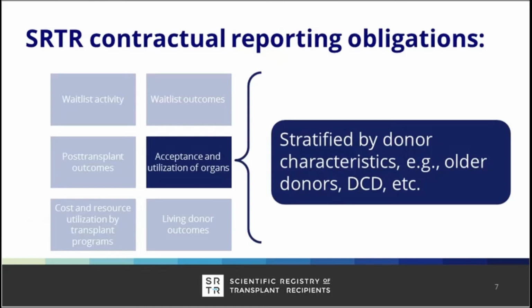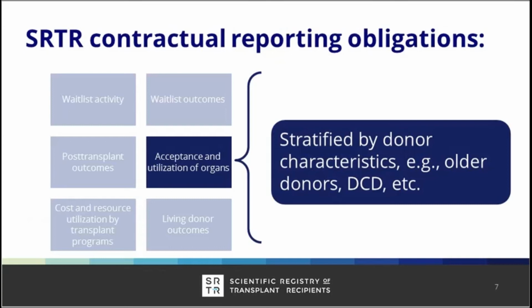So let's talk a bit about the motivation behind this. There are, I think, 6 main categories, as displayed on this slide, that the SRTR is contractually obligated by HRSA to report on. I've grayed out 5 of the 6. Of course, we're focusing on offer acceptance today, which is listed here as acceptance and utilization of organs.